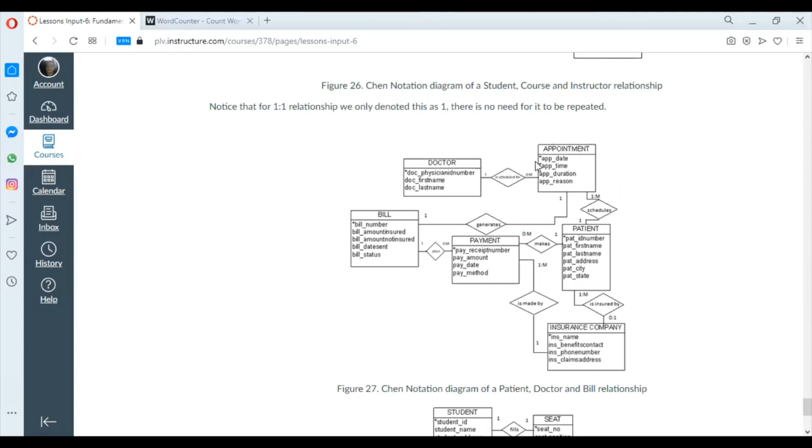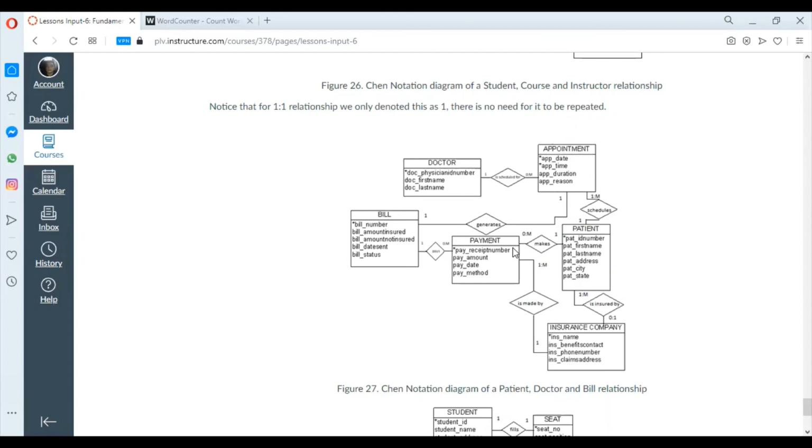So if we are to read this in reverse, one appointment is generated by one bill, or one bill generates one appointment, and then one bill pays zero or many payment.